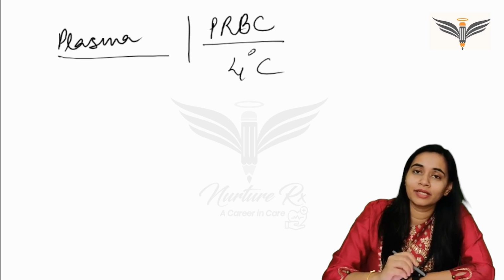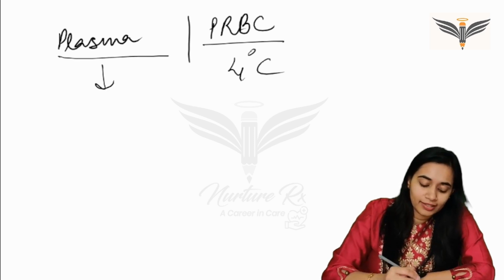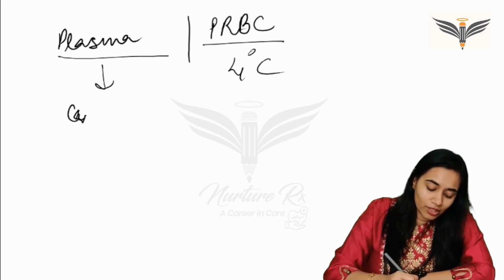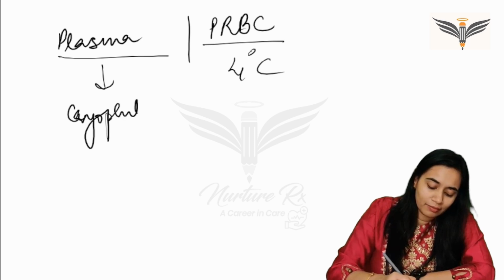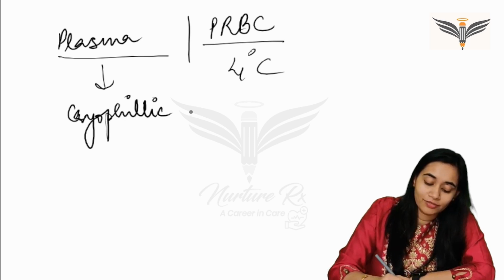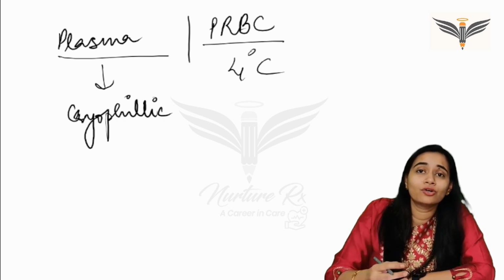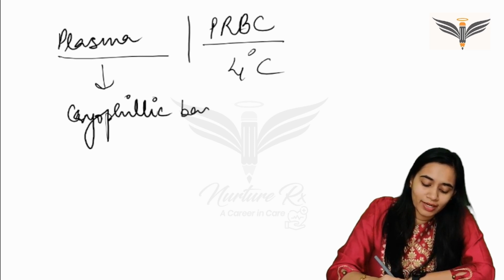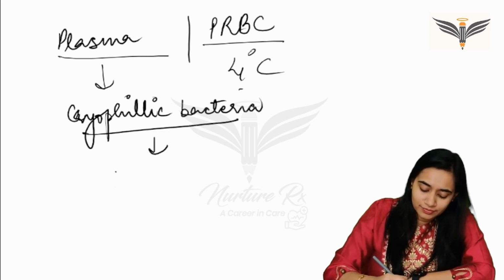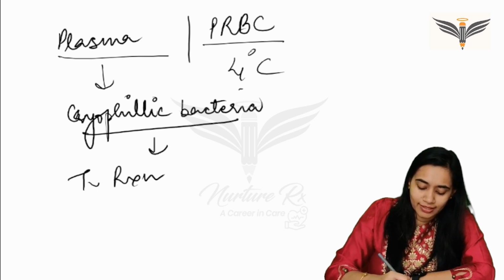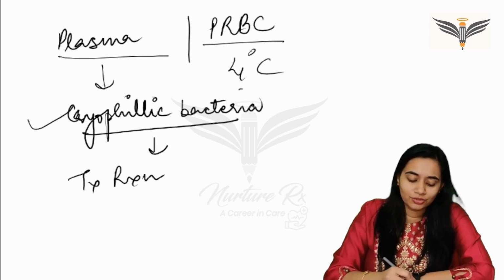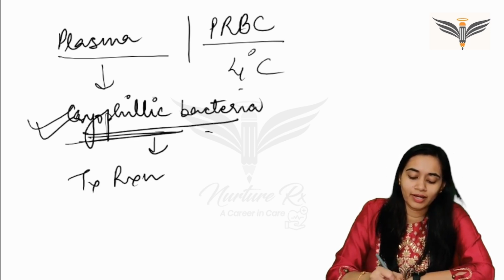And the same thing happens in plasma, but there is something called cryophilic bacteria, a class of bacteria which can survive very cold temperature. So these bacteria, if present in plasma, can lead to transfusion reactions. Okay, this you need to remember, cryophilic bacteria.